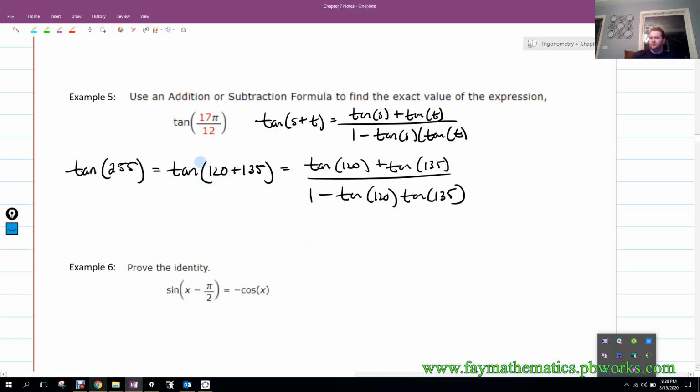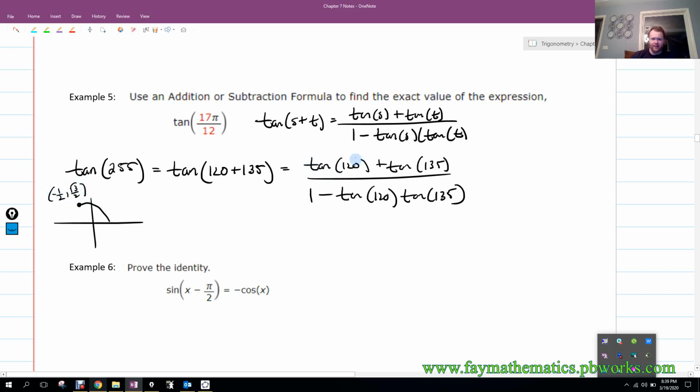Now, the only thing is, do we really know what the tangent of 120 is and tangent of 135? Well, remember 120 is right there, and the ordered pair, cosine comma sine, is negative 1/2, root 3 over 2. So the tangent would be y divided by x, which is negative radical 3.